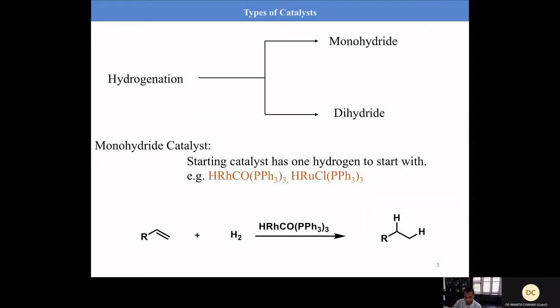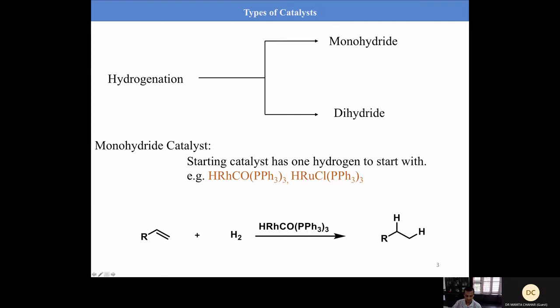Now, hydrogenation catalysts can be of two types, monohydride and dihydride. As the name suggests, monohydride will have one hydride in it to start with. These are the catalysts, some of which are shown in here.